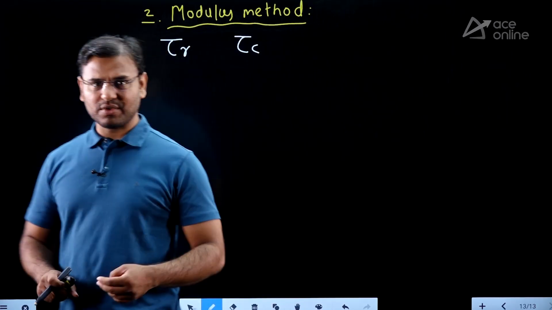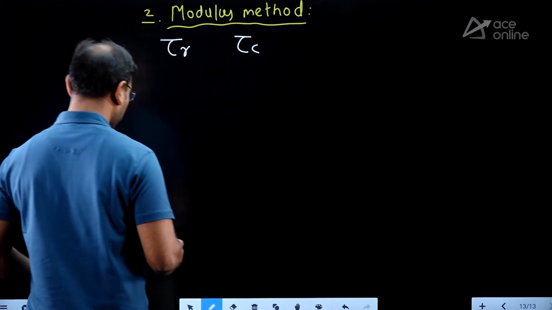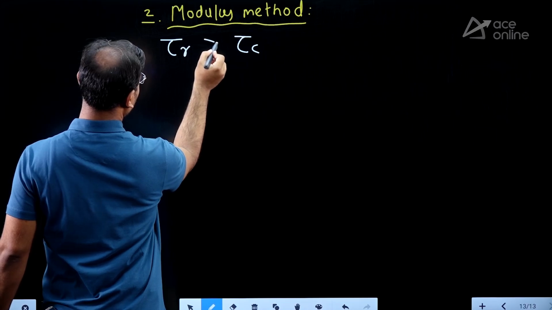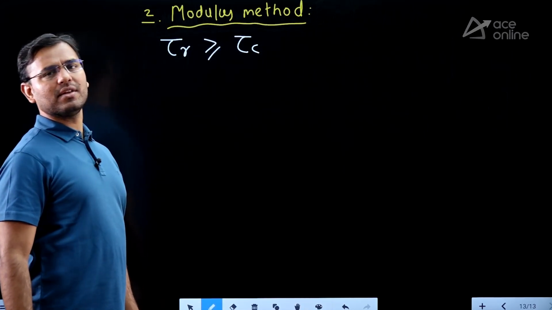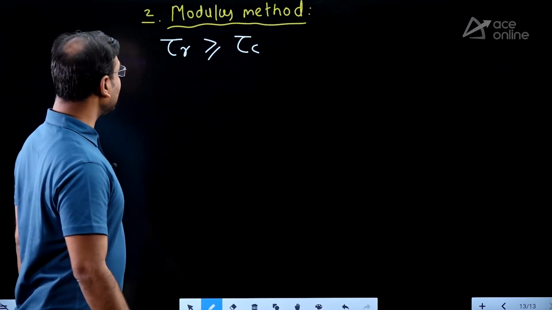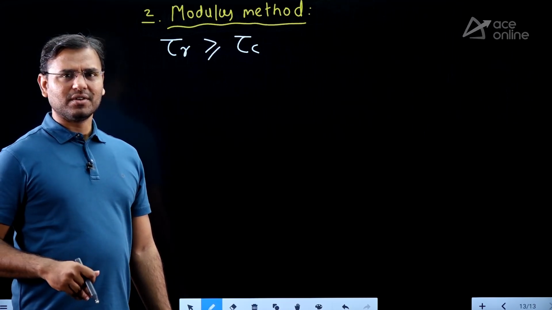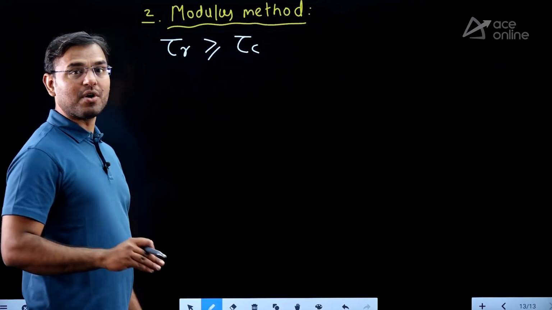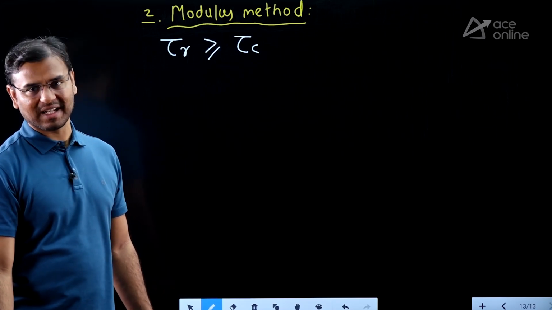Listen carefully to what I am going to tell. Here the tau r must be greater than, or in the worst case equal to, tau c. Tau r is the solidification time of molten metal in the riser. If the casting is going to convert into solid in 100 seconds, then tau r must be 100 or more than 100, meaning 102, 105, 110.